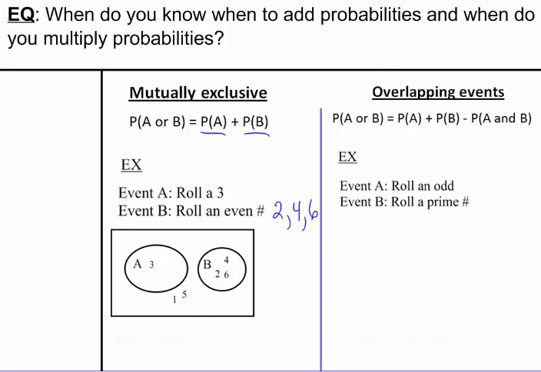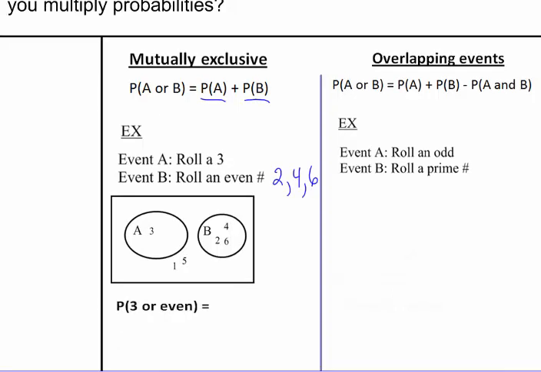So this is just a Venn diagram to give you a picture of how they are separate. The 3 is not part of the B group because the B is all even numbers, and the 3 is not even. The even numbers, the 2, 4, 6, are not a part of the A group because that is just the 3. So this is what it means by being disjoint. You have two totally separate groups.